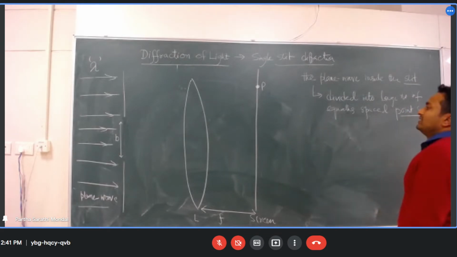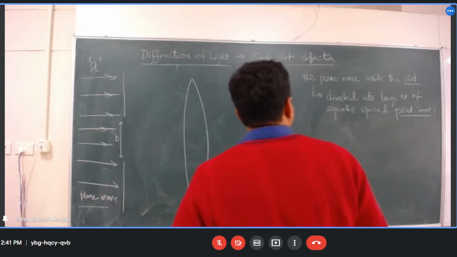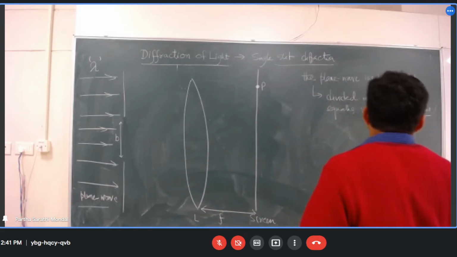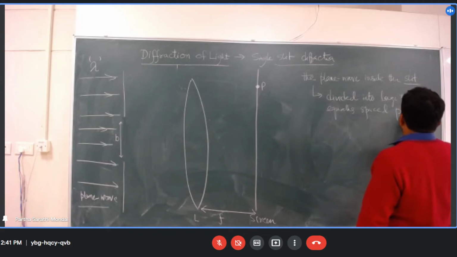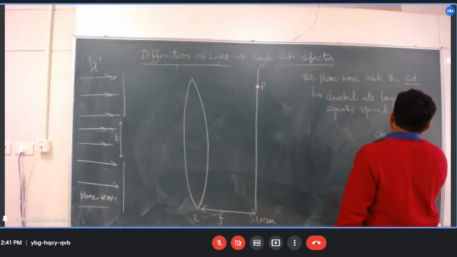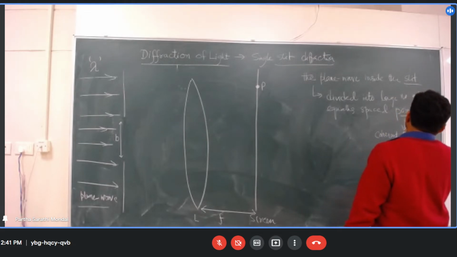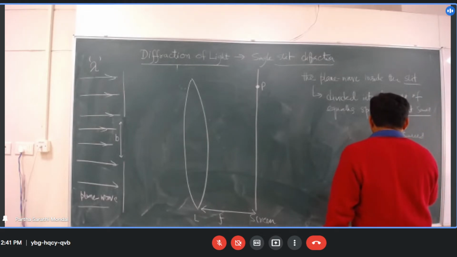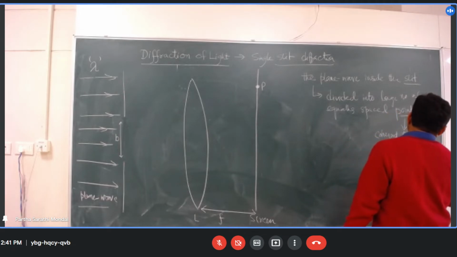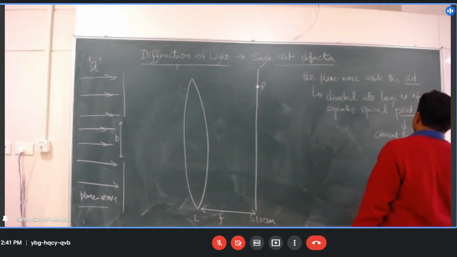Okay, so these point sources will emit light, and these point sources will act as coherent sources, and they will produce an interference pattern. समझ में आ रहा है?